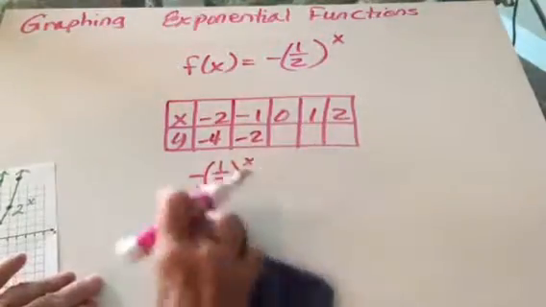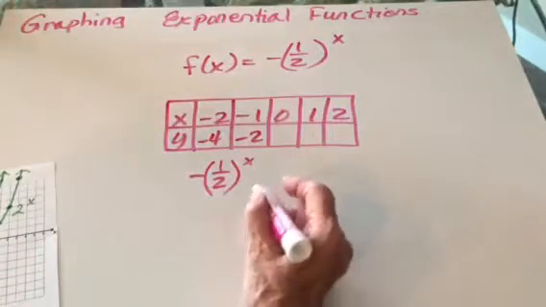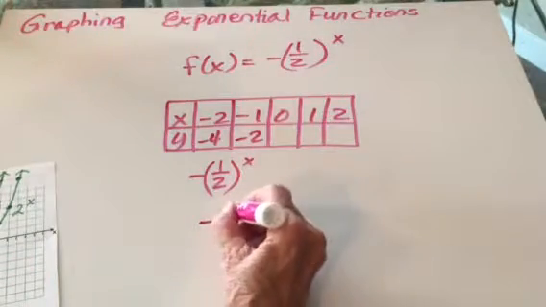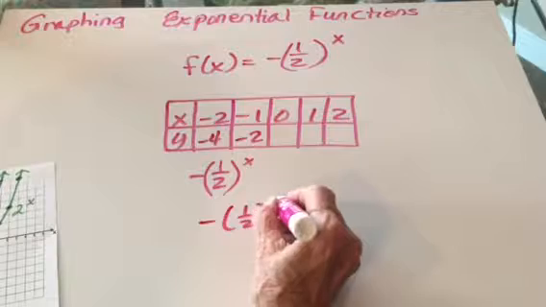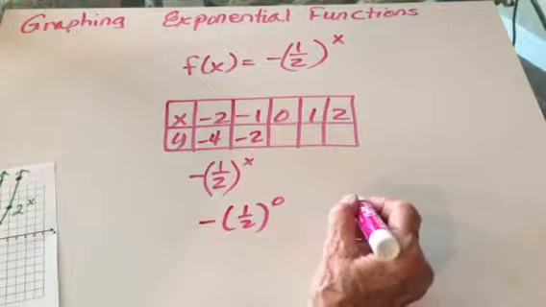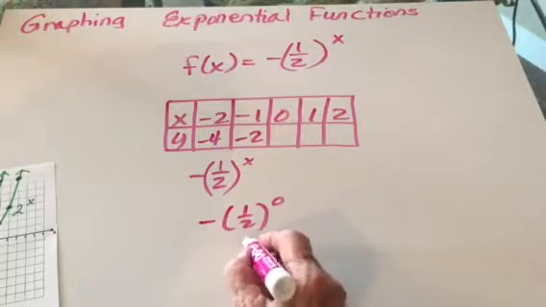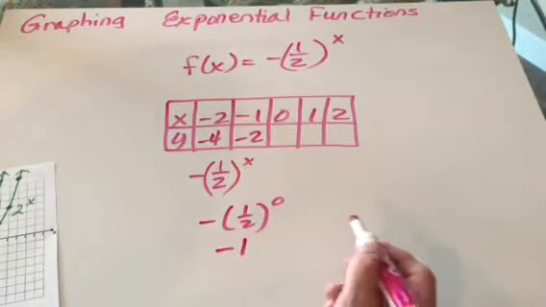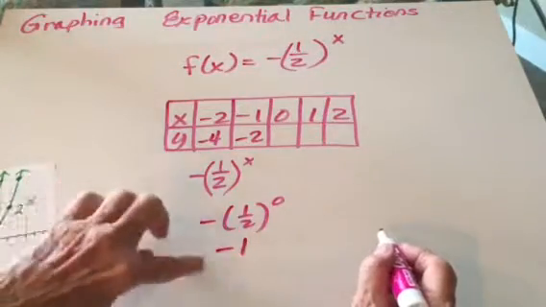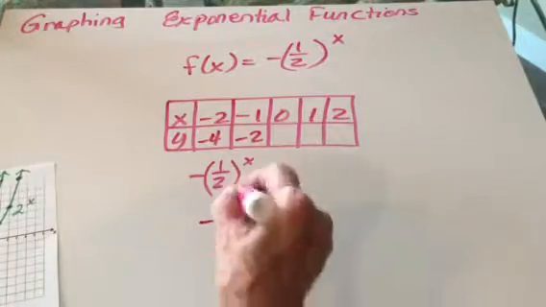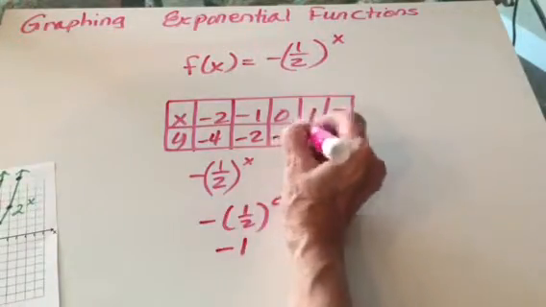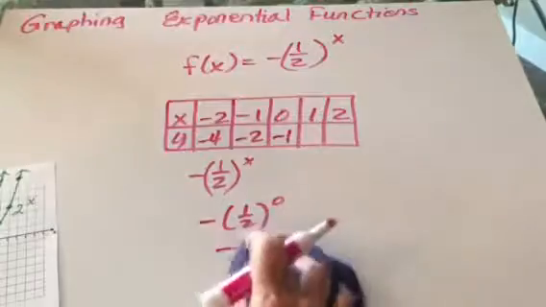Okie dokie. Now I have negative 1/2 to the 0 power. Well, that's going to be 1, but I have a negative here that I have to throw in. Do you see why I have this negative on the outside each time of my parentheses? Otherwise it wouldn't work. So that's a negative 1.